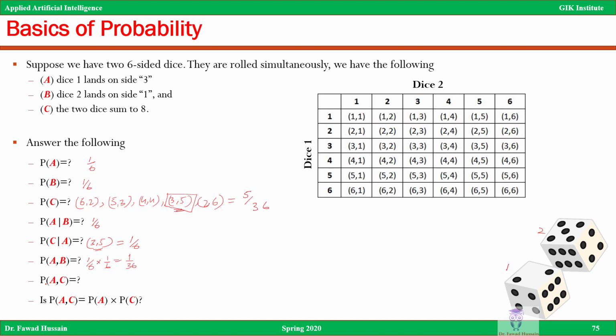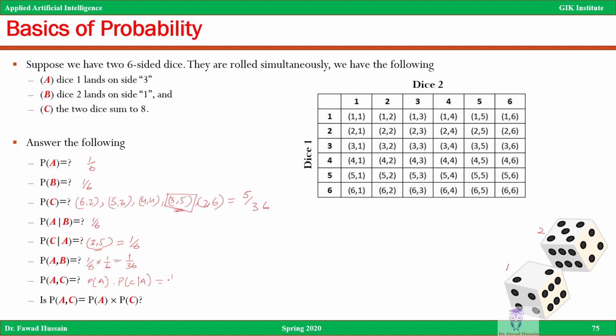And finally, what's the probability of A and C occurring together? This is the same as the probability of observing A and the probability of observing C, given that A has already occurred.